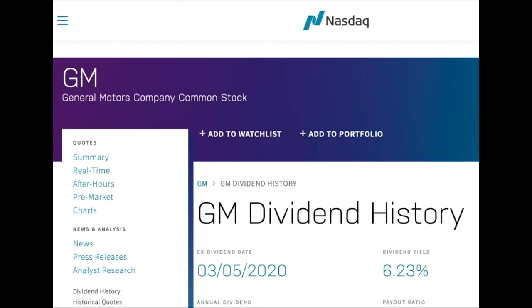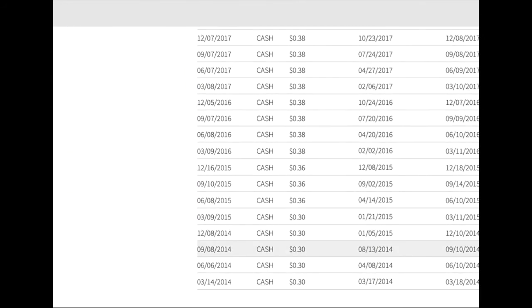This is one example, the General Motors dividend history from the Nasdaq homepage. As you can see, in 2014 they paid out 30 cents, right? And they maintained the dividend amount.